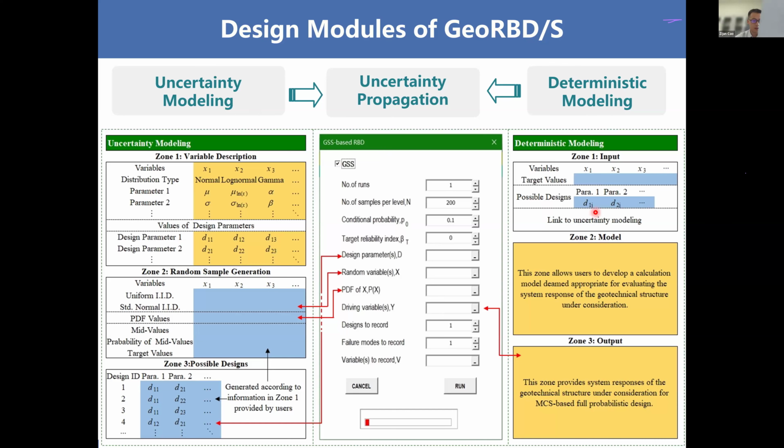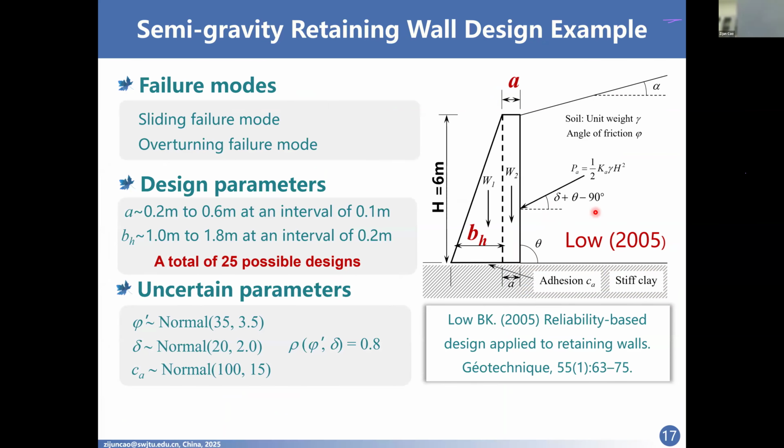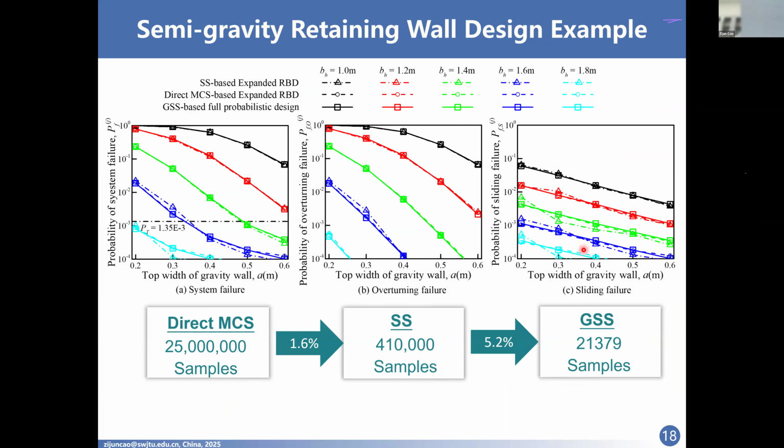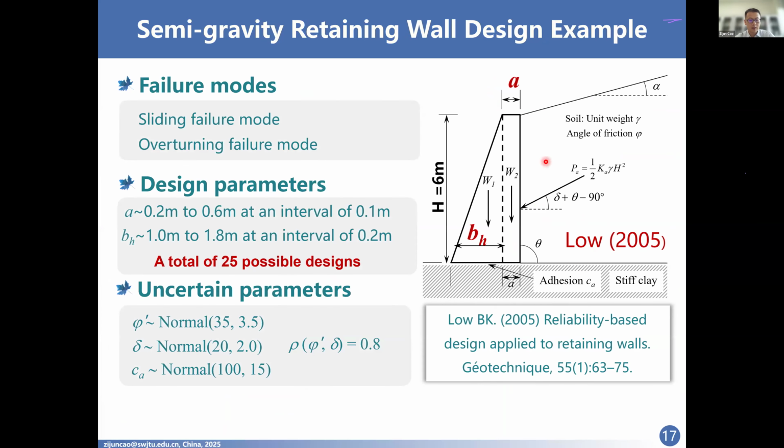As an illustration, a semi-gravity retaining wall design example is given here. The example was used to illustrate reliability-based design through the first-order reliability method by Professor Bigelow. Two failure modes were considered in this example.